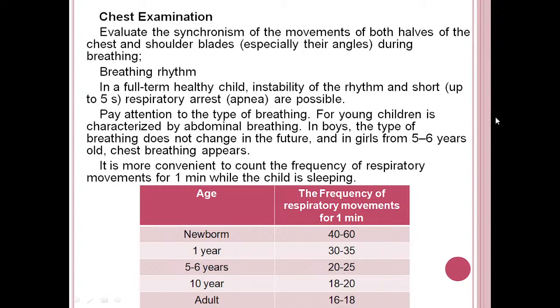For young children, abdominal breathing is characteristic. In boys, the type of breathing does not change in the future, and in girls from 5-6 years old, chest breathing predominates.